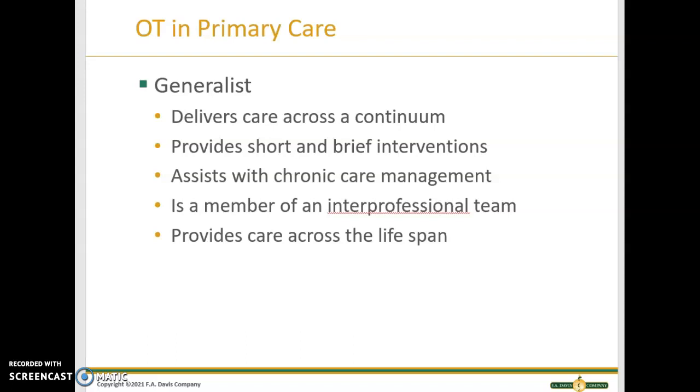They assist with chronic care management. The occupational therapist is a member of the interprofessional team. And as I said earlier, they provide care across the lifespan. So the occupational therapist in primary care would be able to address someone who has a pediatric need and or someone who is at end of life or geriatric need.